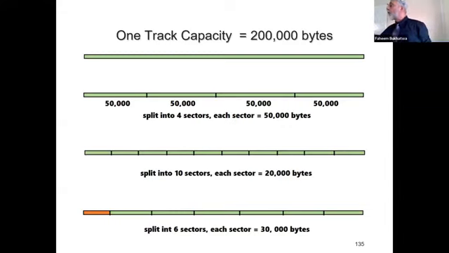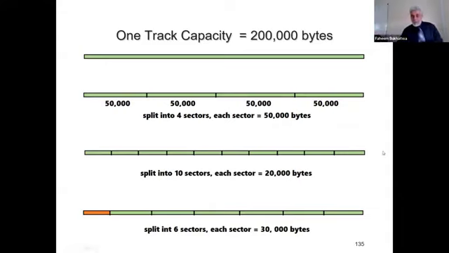So now, when we format it, that means we're going to split this track into smaller sectors. We can split it into equal sizes, let's say every sector is 50,000, 50,000, that's 200,000. We did not lose any storage capacity.